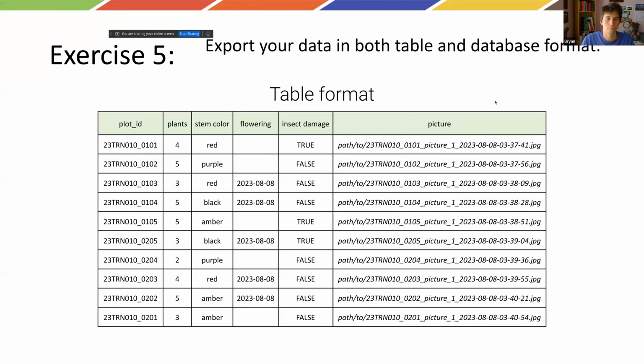The file itself obviously can't go in the spreadsheet. And another thing is that if you have repeated measures turned on and you're using the table format, it can only show the most recent measurement. So that's another advantage of the database format, you want to use that if you're doing repeated measures or use BrAPI.